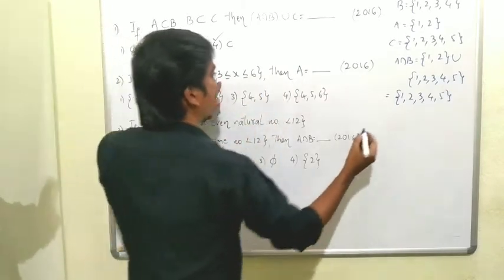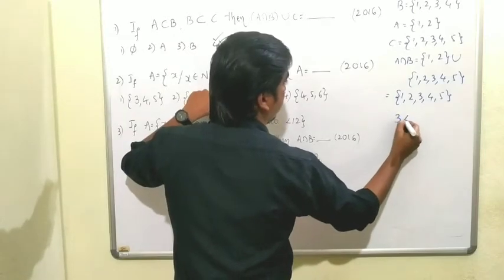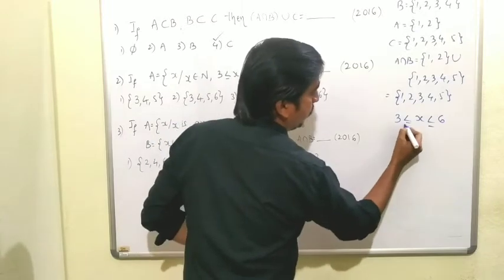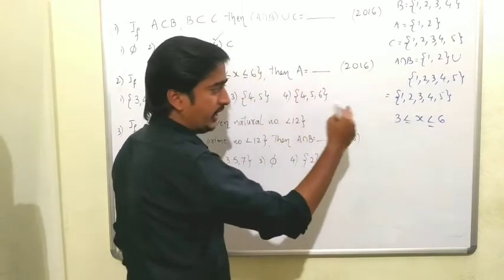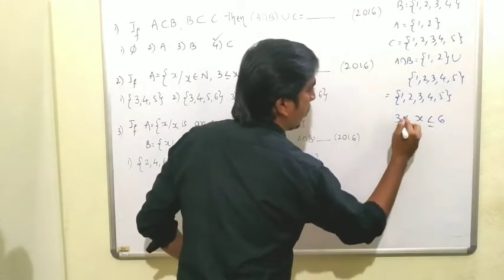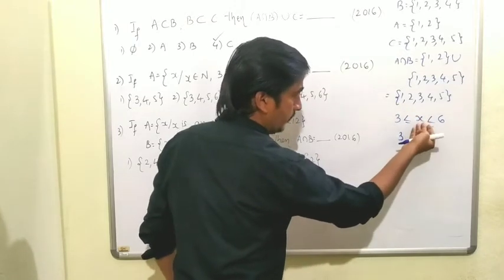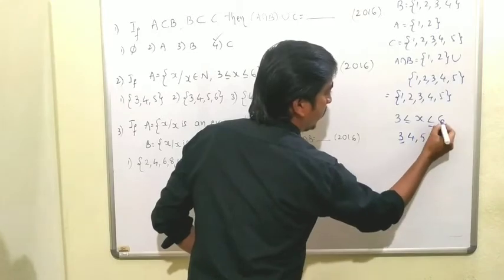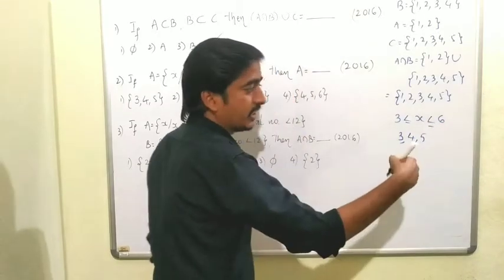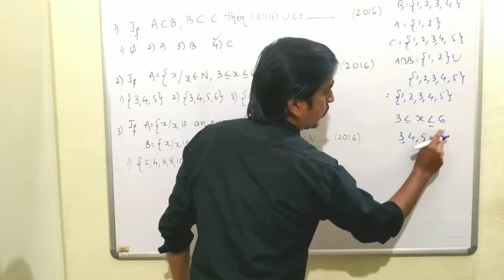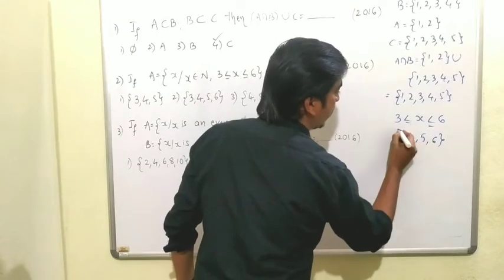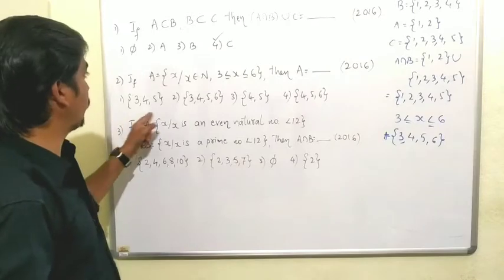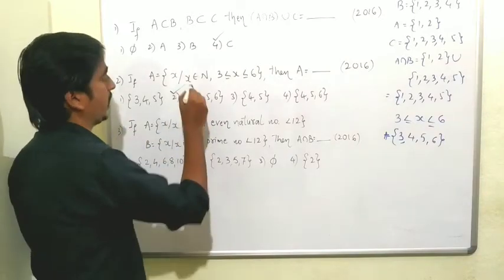So X should be equal to 3, so it starts from 3 and goes greater than 3. We can take 4, 5, and also X should be less than or equal to 6, so we can take 6 also. This is the set A: 3, 4, 5, 6. Is it there in the options? 3, 4, 5, 6. Option 2 is the correct answer.